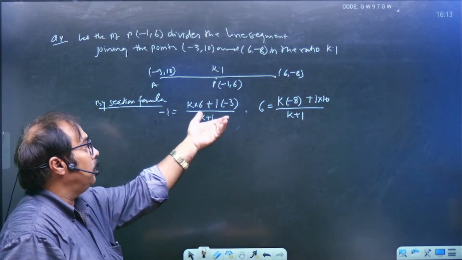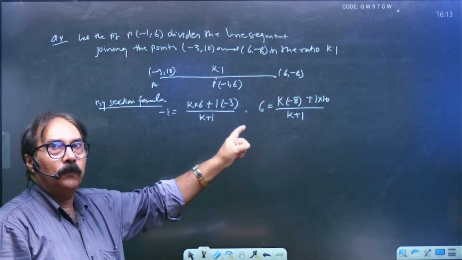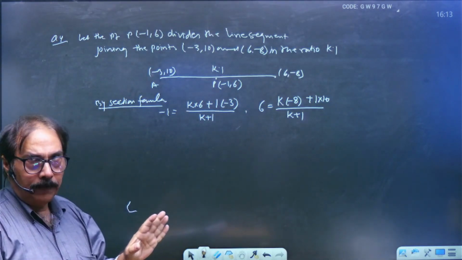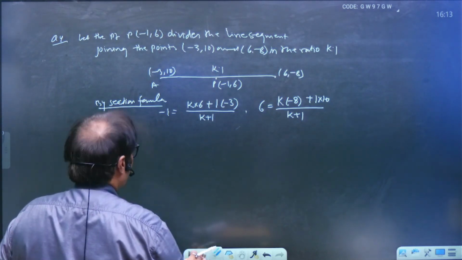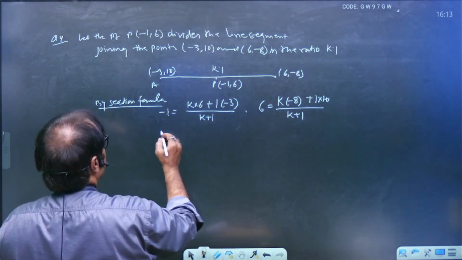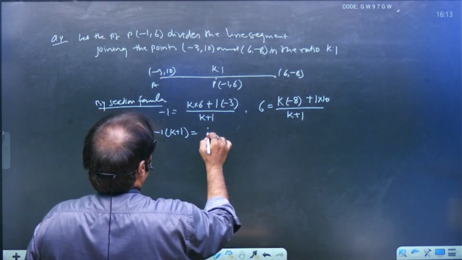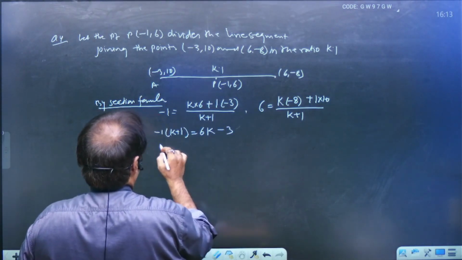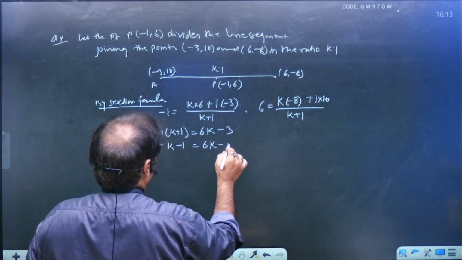Either solve this one or solve this one, you will get the same answer. No need to find both the results. So by cross multiplication, -1 into k plus 1 is equal to 6k minus 3. So -k minus 1 is equal to 6k minus 3.